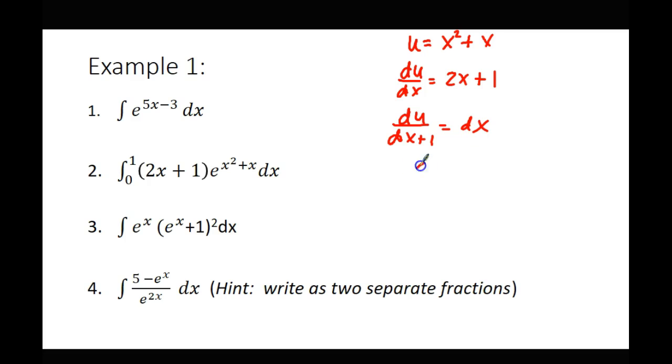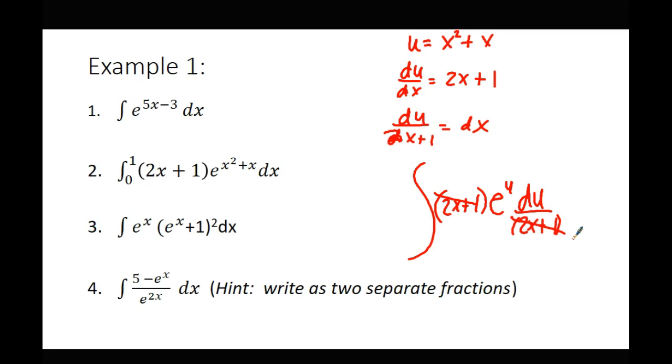Okay, so let's rewrite this a little bit. I've got a 2x plus 1, right? I've got an e to the u and a du over 2x plus 1. And then these guys go away, right?